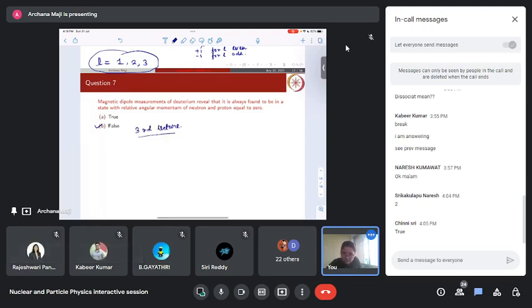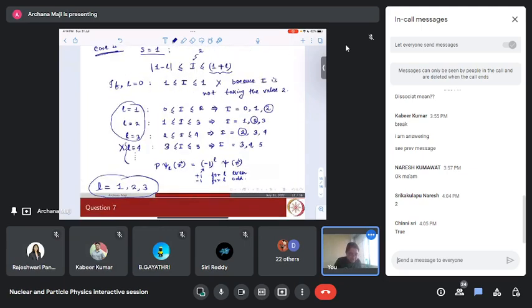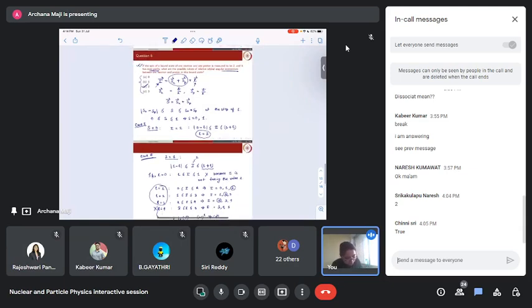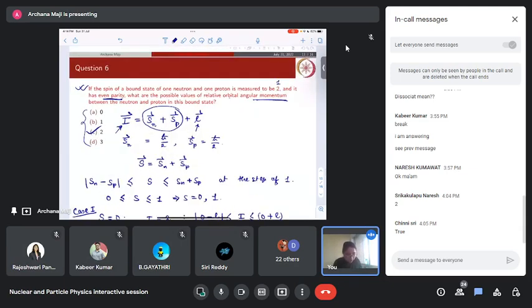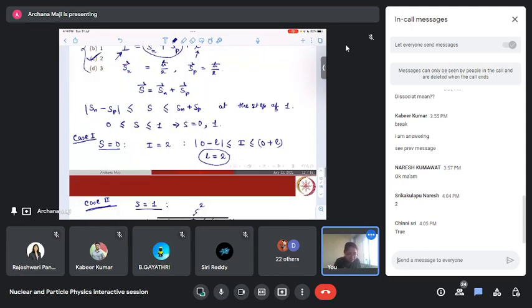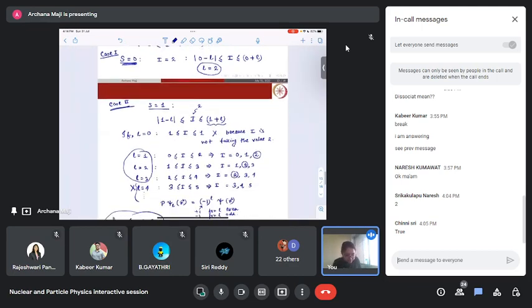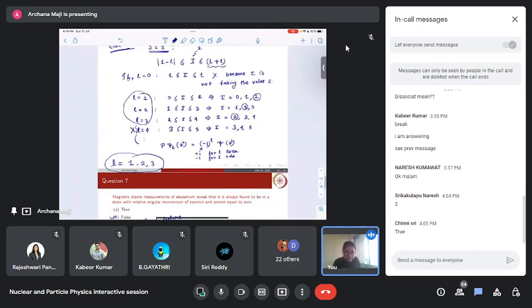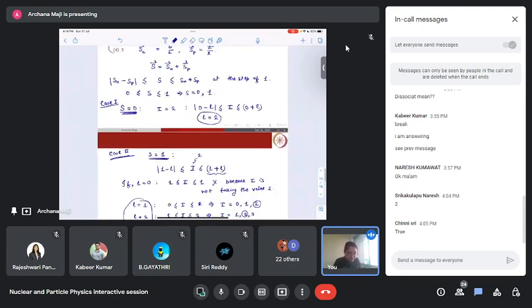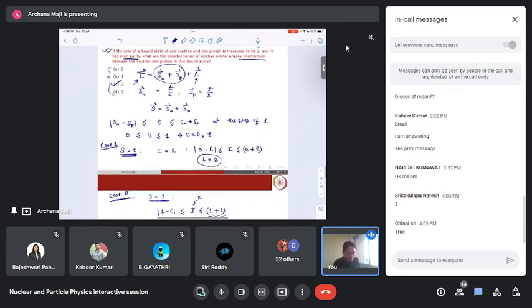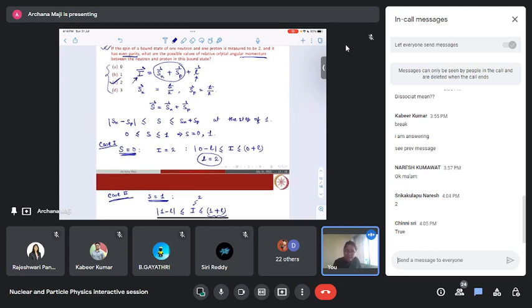there it was mentioned. If you do this same exercise for deuteron, the spin of the bound state is measured to be 1, and if I is equal to 1, then S equal to 0 gives L to be 1, and S equal to 1 gives L to be 0, 1 and 2. Now for deuteron also, this system has even parity. So for deuteron, the orbital angular momentum L can be either 0 or 2.